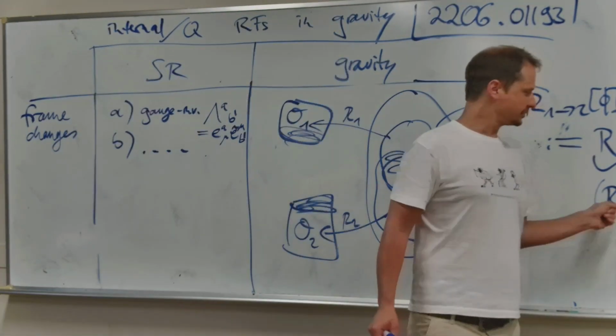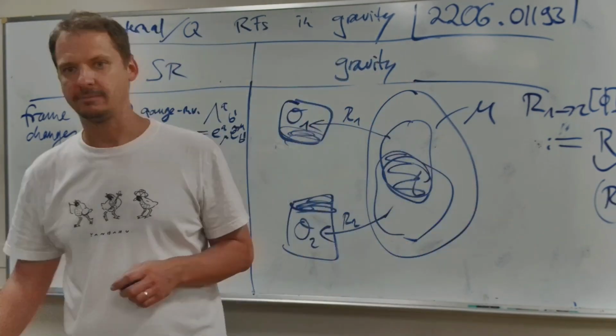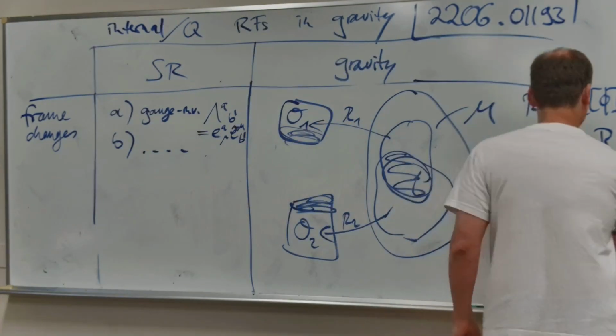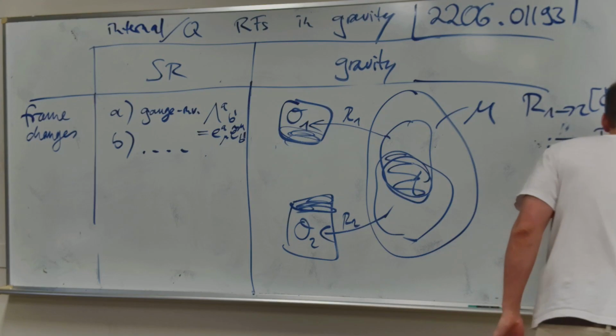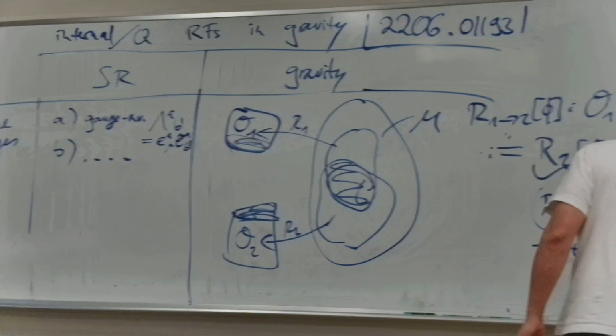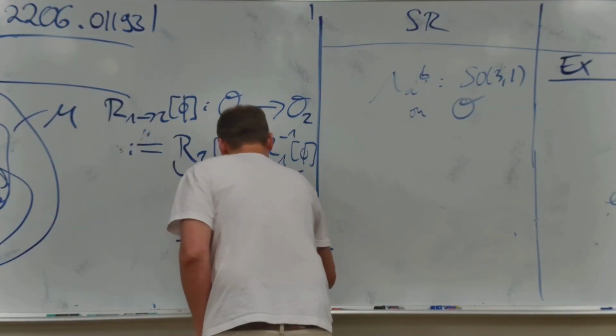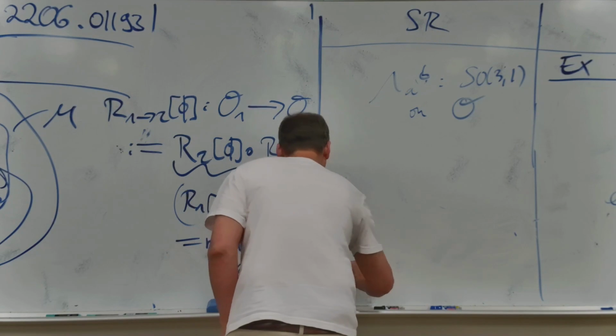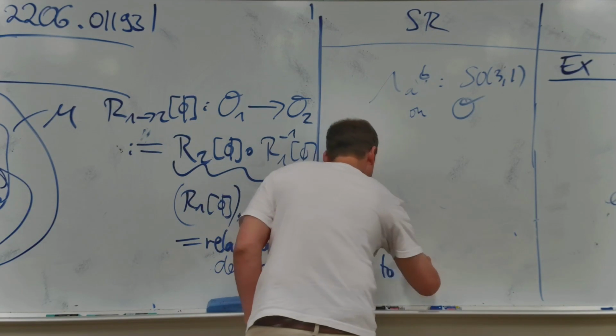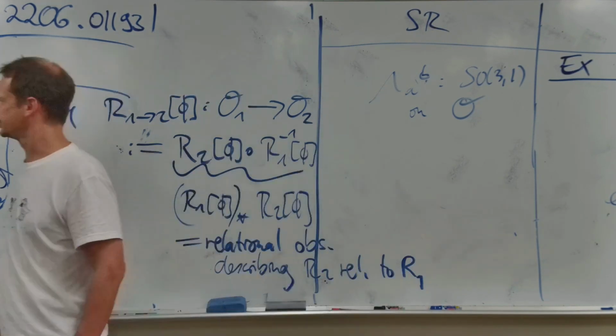So this is R2 addressed with respect to R1. So this is the relational observable describing R2 relative to R1. So that's really a close analog here.